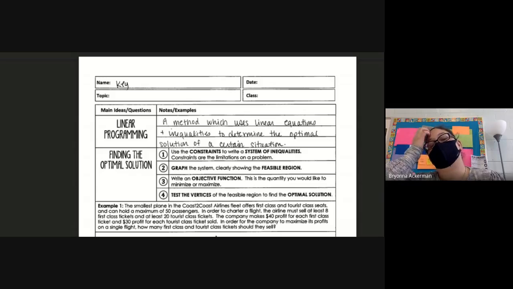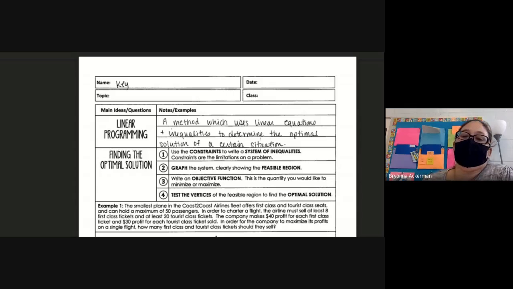And so we're going to take some word problems in different situations and we're going to find out what constraints they have. Okay? So we're going to use the constraints to write systems of inequalities still and find out what the limitations are to the problem. And so once we do that, we're going to be drawing a bunch of different lines. And the best way to do this is something called test the vertices.